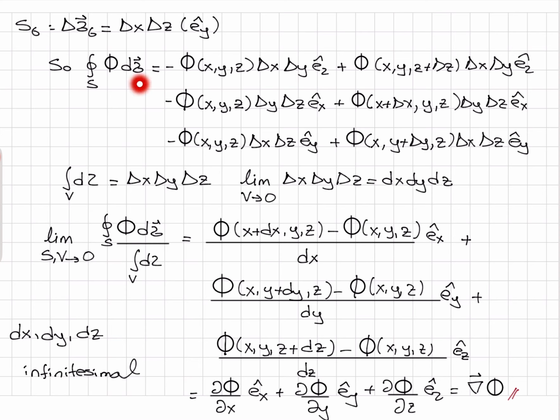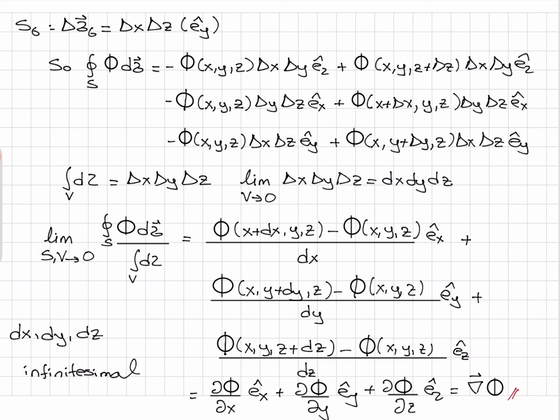And I have written the d sigma vectors properly, and then all these small lengths have become infinitesimal when I take the limit S goes to 0 and V goes to 0. So this becomes phi of x plus delta x, y, z, times delta y delta z, divided by dx dy dz.